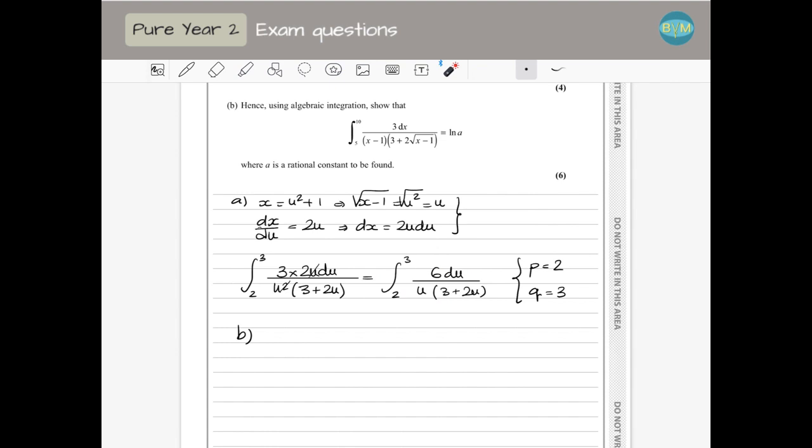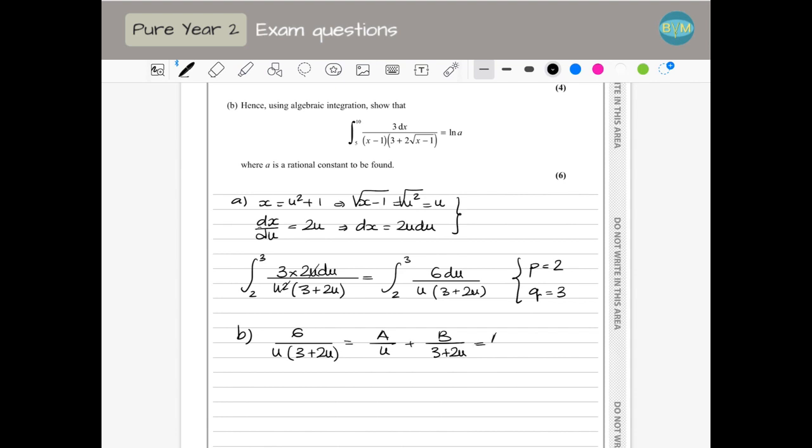I have a fraction where the numerator is not the derivative of the denominator, but I have two clear factors, so what I can do is write that as algebraic fractions. So I'm going to write 6 over u(3 plus 2u) as A divided by u plus B divided by 3 plus 2u, because then I will be able to use ln to integrate that.